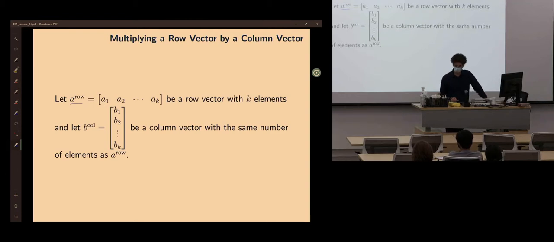So it has one row, and here, k columns. A column vector, such as B, has k rows and one column. So we talked about this before.